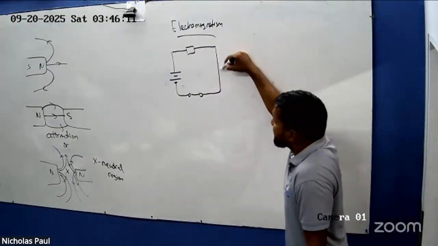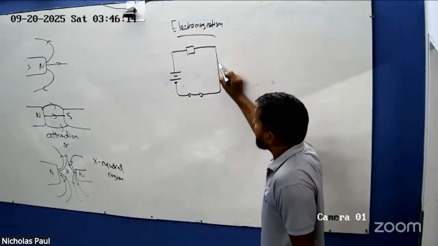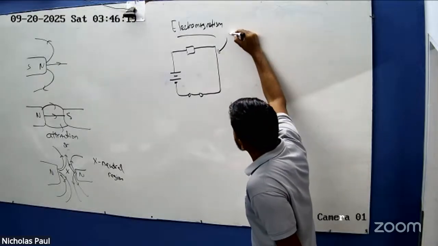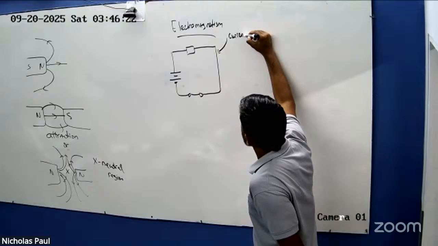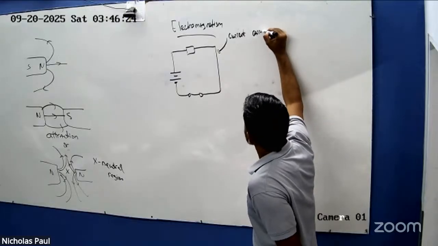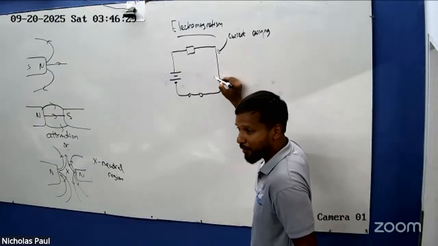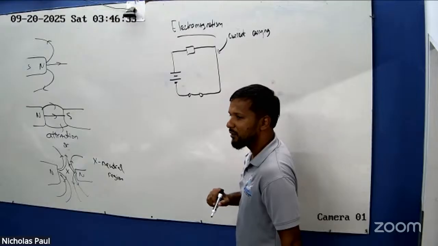If this current carrying conductor is not insulated, around it there's a magnetic field. So around this current carrying conductor, current means a current, right? What direction is current flowing again? From where to where?